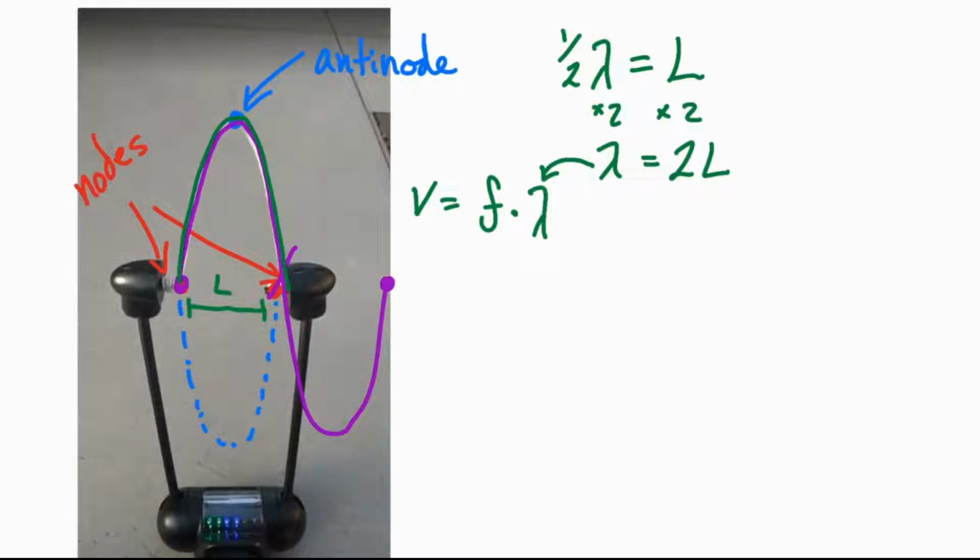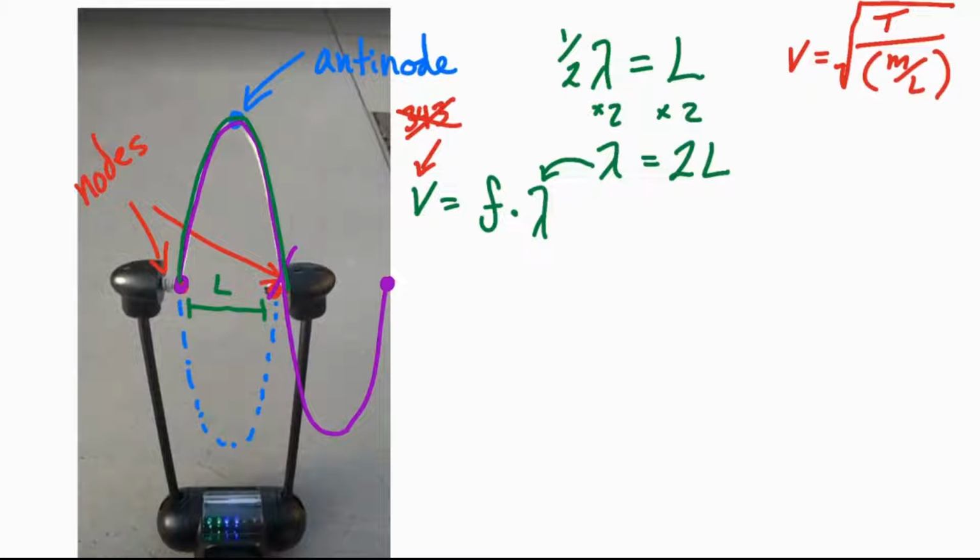Now, if we're talking about sound, that velocity is going to be 343 for sound. But if it's not sound, then velocity is equal to the square root of the force or tension divided by the mass per unit length. And that velocity we can figure out if we know about the string on a guitar or piano. Otherwise, it's 343 if it's sound.